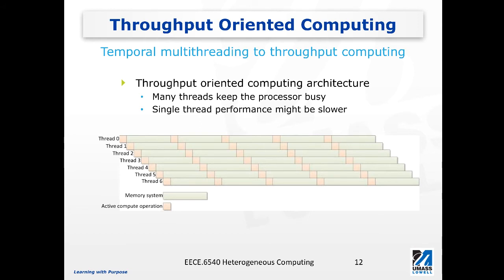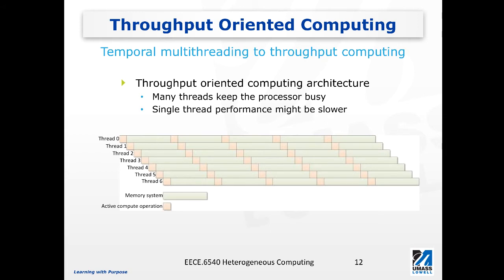Now, in the same direction, people have been using this hardware multithreading or time-sliced multithreading to achieve so-called throughput-oriented computing. In throughput-oriented computing, essentially, the system will take as many threads as possible to keep the processor busy.